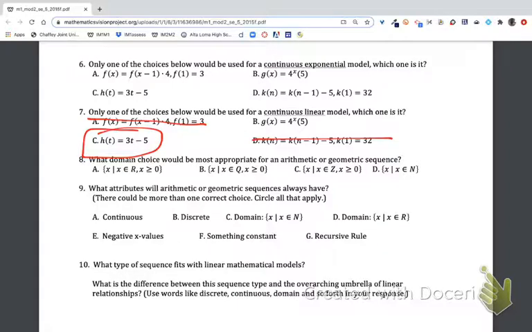For number 9, arithmetic or geometric sequences will always have something to think about here. Arithmetic or geometric sequences. So remember, arithmetic is linear, geometric is exponential.